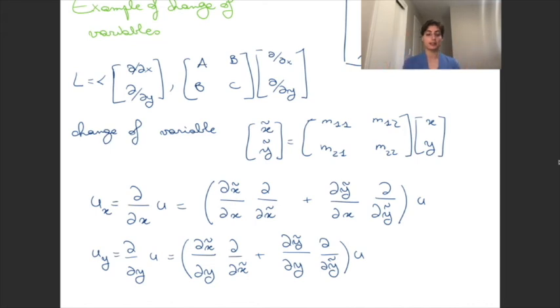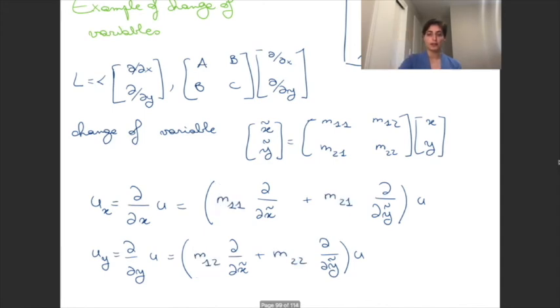This is the application of the chain rule. And the same we can do when we're looking at the partial derivative of u with respect to y. But now that we have explicitly determined the matrix M, we can replace these terms because we know them. x̃ is just m11 x plus m12 y, so we can replace the various elements.